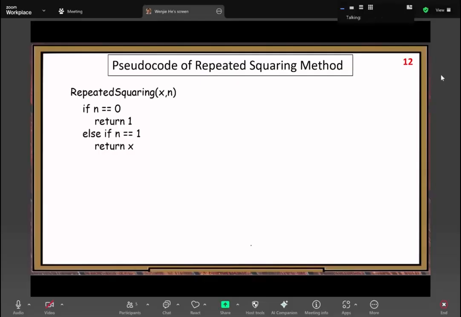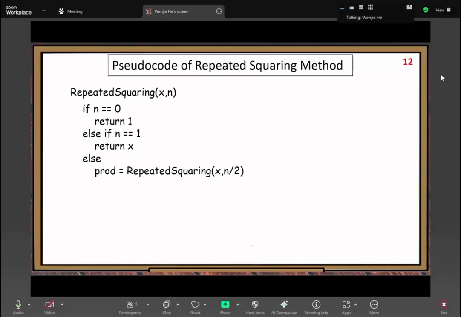After that, we do recursion. Else, we create an intermediate variable product to store the intermediate result. This intermediate result we get by calling the function recursively: repeated squaring of x, with second parameter n integer division by 2.